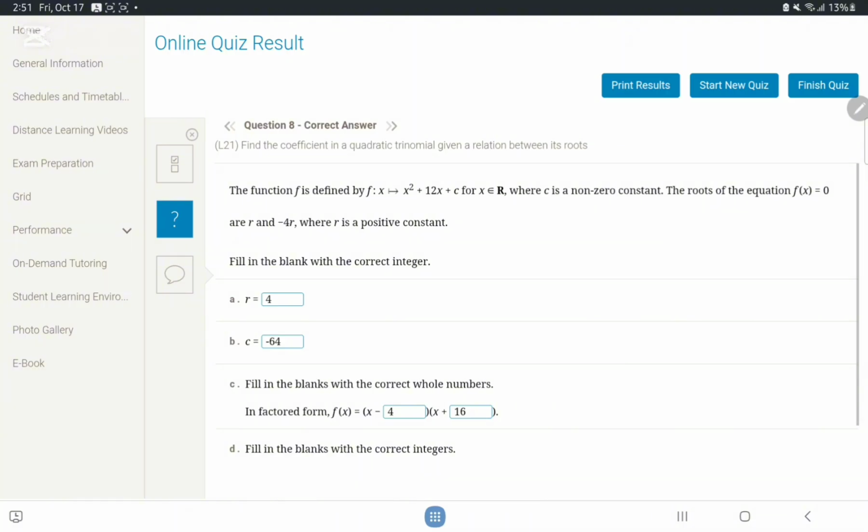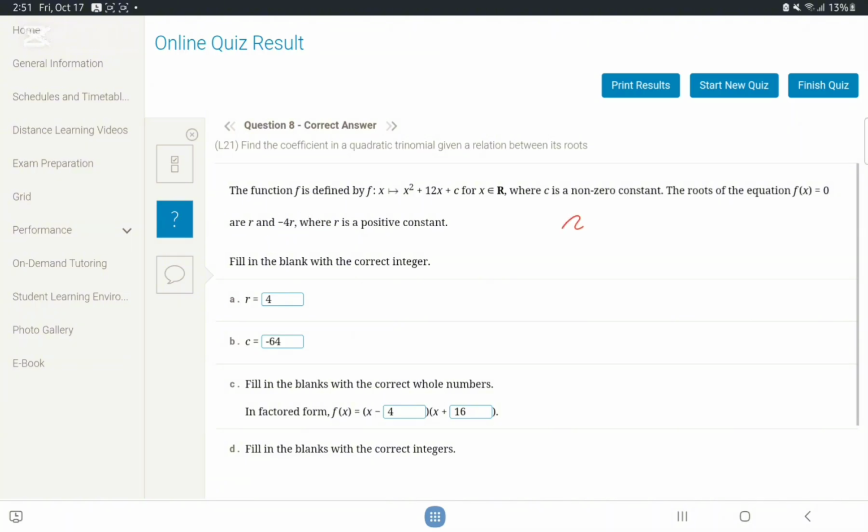Okay. For this question, they told us, okay, they gave us an uncompleted quadratic equation. They gave us the roots in terms of r, and they want us to find the value of r and the value of c. We learned two relations that link quadratic equations with the roots.